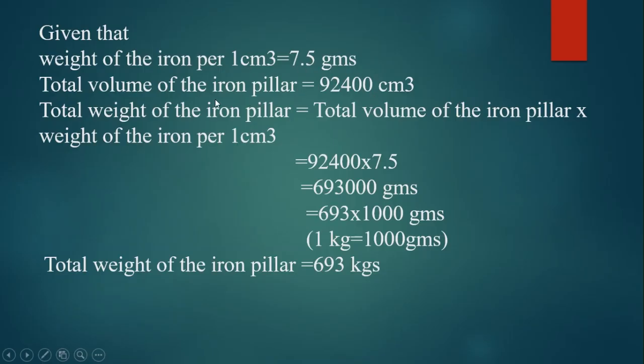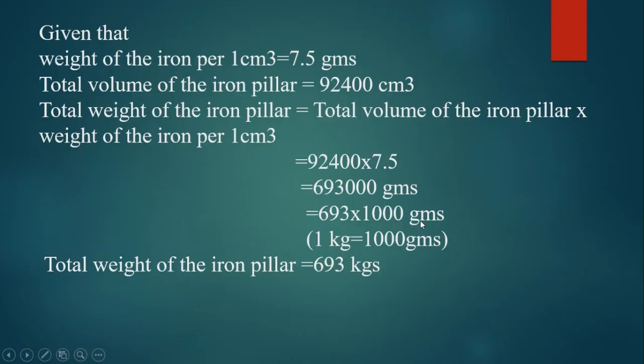We just multiplied total volume of the iron pillar into weight of the iron per 1 cubic centimeter. Simple calculation, because the weight is given as 7.5 grams and total volume is known to us. Then we just multiplied both of them. So 92,400 into 7.5. Finally what does it become?